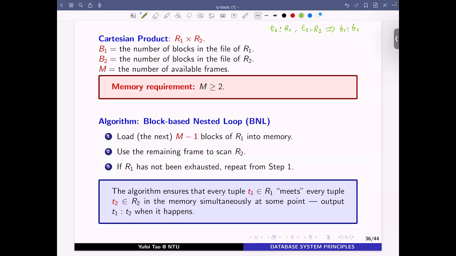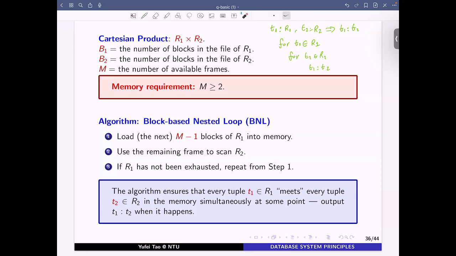This is strongly reminiscent of a double for loop. You can think about how to achieve the purpose. This would be one obvious way: loop over T2 in R2, and then you output this handshake. Indeed, this is exactly the idea behind this algorithm, BNL.